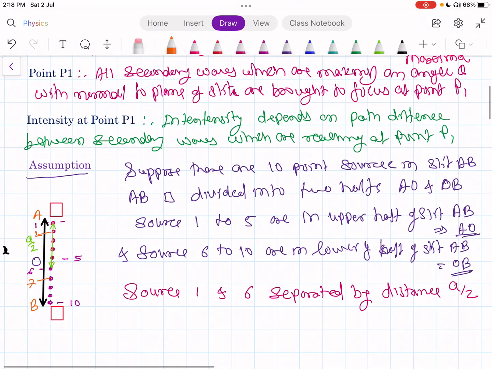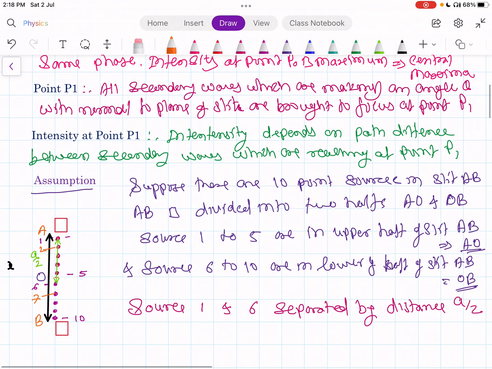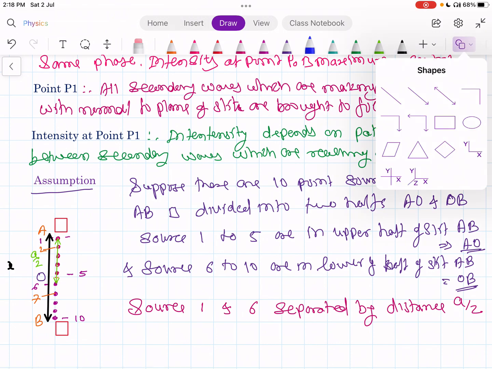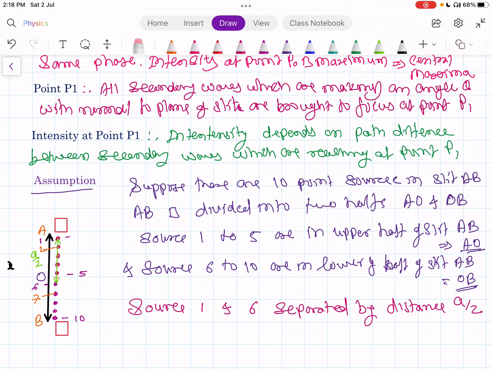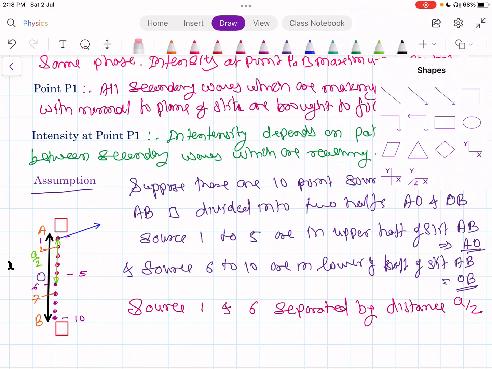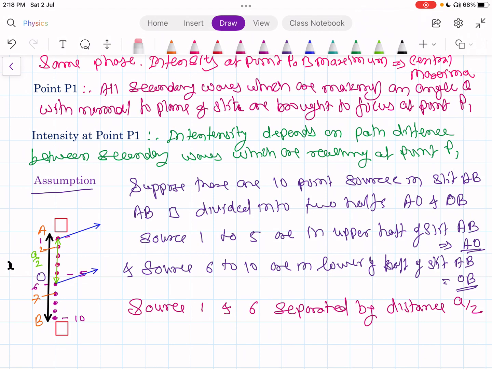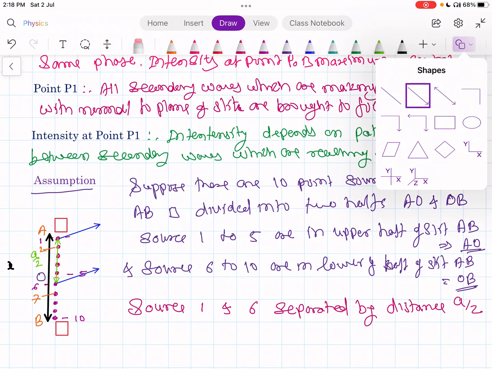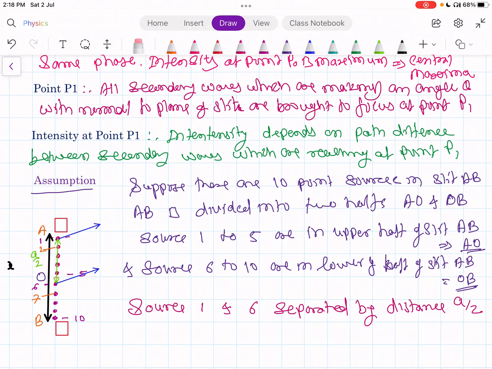Then what would be the path difference between secondary waves which are emitted from the source 1 and source 6? We are considering secondary waves which are emitted from source 1 and the source 6 at an angle theta with normal to the plane of the slit.